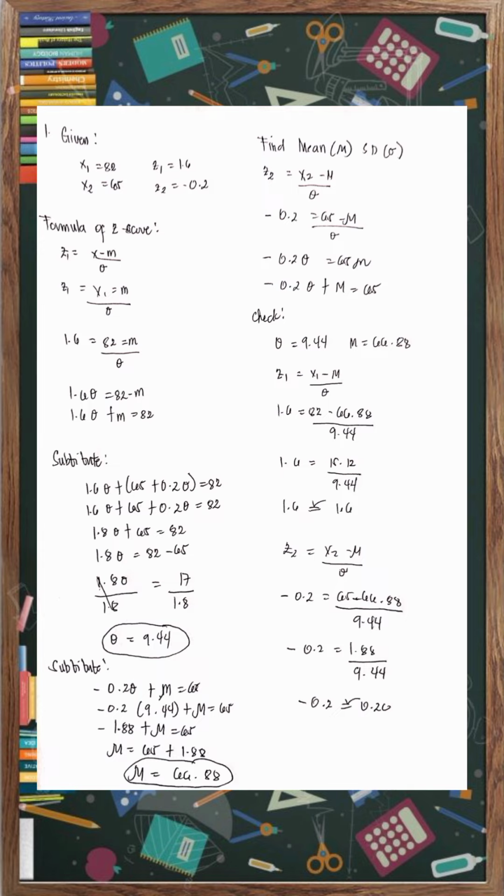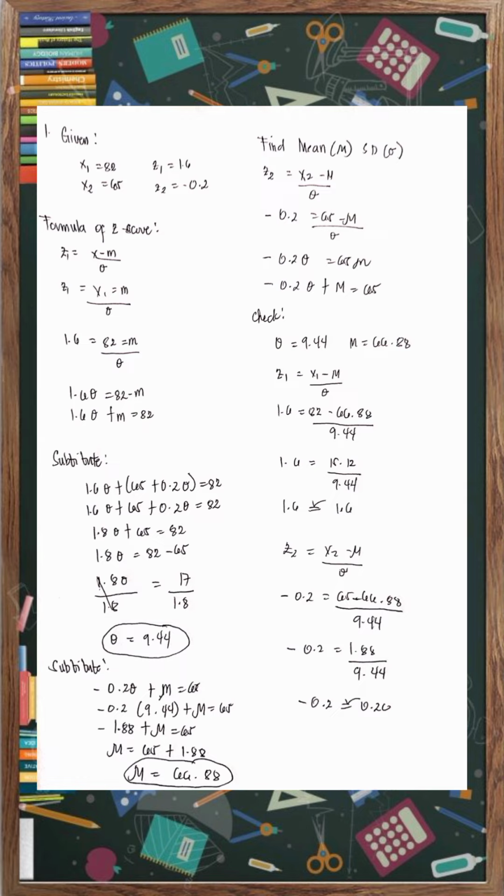Next naman ay sa mean. Z2 equals X2 minus M over standard deviation. Negative 0.2 equals 65 minus 66.88 over 9.44. So, negative 0.2 equals negative 1.88 over 9.44.